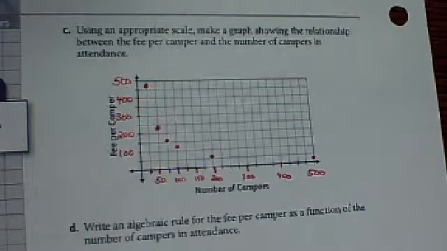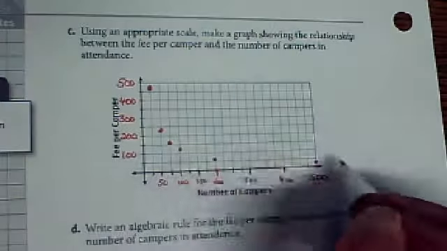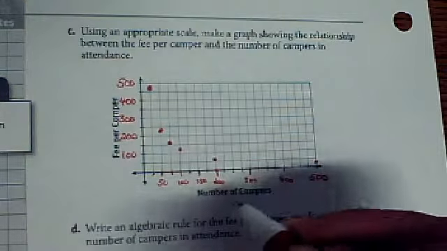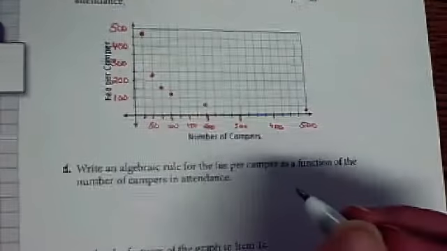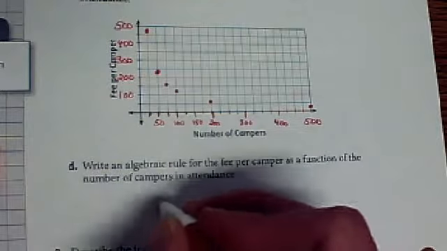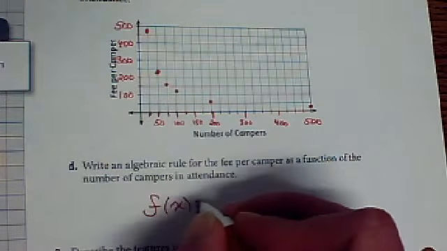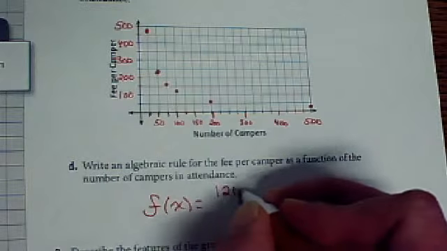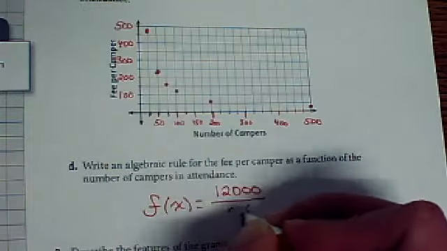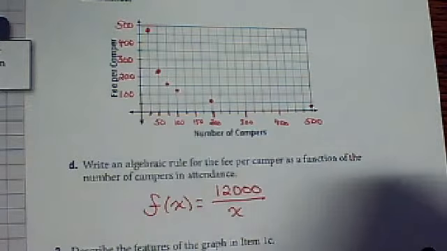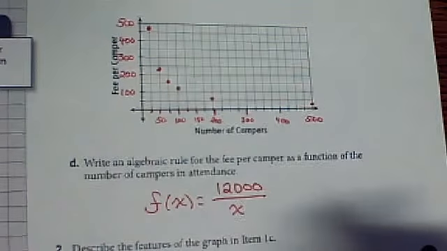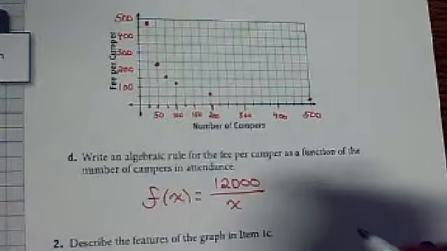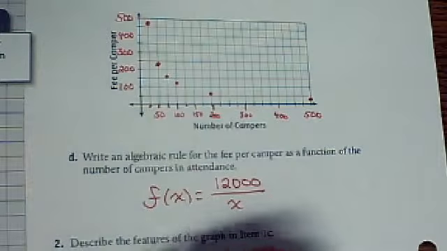So we've got this. It almost looks like that decreasing growth, and it is decreasing. Our rule that we came up with was that we were going to take that total fee divided by the number of campers. X is that number of campers, and our f of x is that fee per camper. So we talked about that this graph is decreasing.